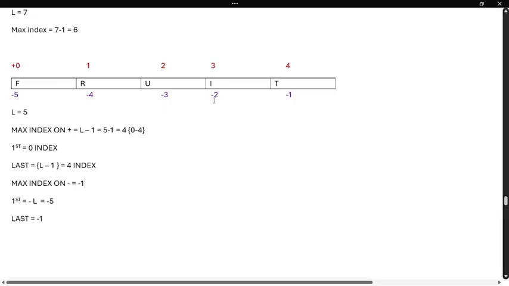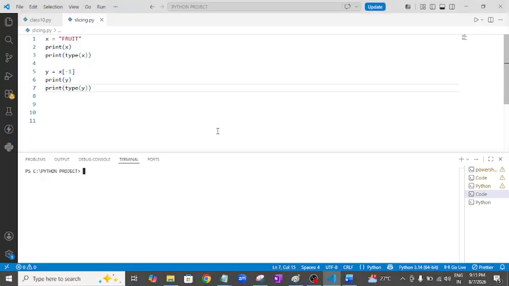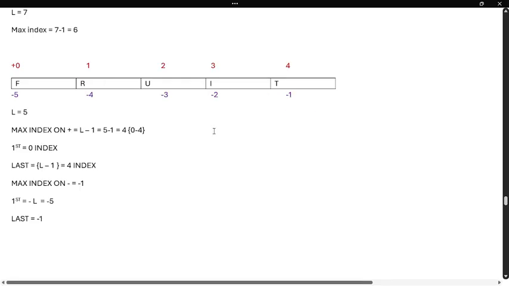Sir, if I have to take these two characters combined and these two characters combined, what should we do? Am I expected to do 0, 1 and 2? How will I do it, sir? It is getting difficult for me.